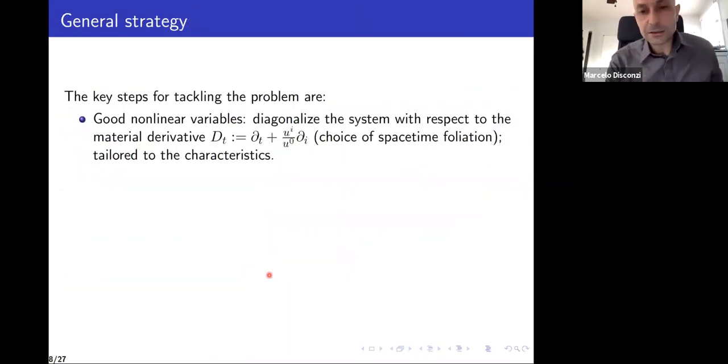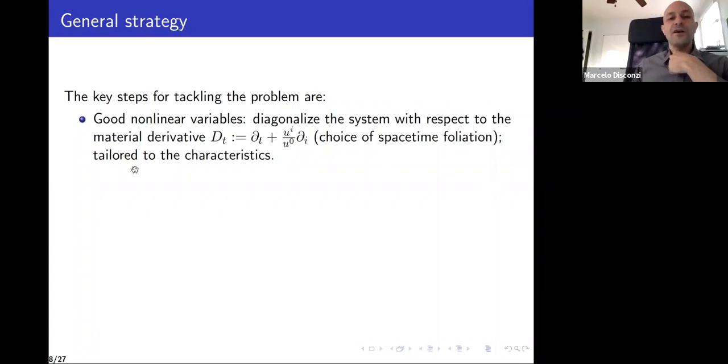Okay, so let me give you a very high-level outline of the main ideas that we're going to use in the proof of local well-posedness for these equations. The first step involves finding some good nonlinear variables. By good nonlinear variables, you mean rewrite the system in terms of certain variables that are going to diagonalize the system with respect to the material derivative.